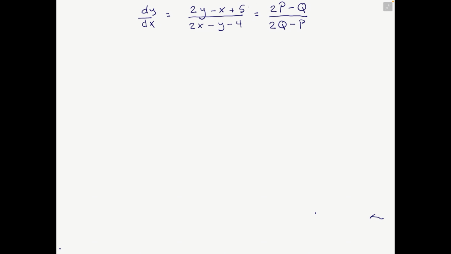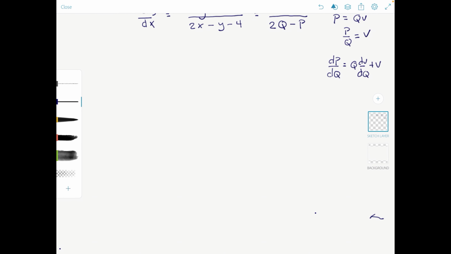So we can come back, because in this case, we're going to say that p is equal to qv, or p on q is our v. Okay, and then we have dp dq is equal to q dv dq plus v. So that's how we're going to approach this problem.